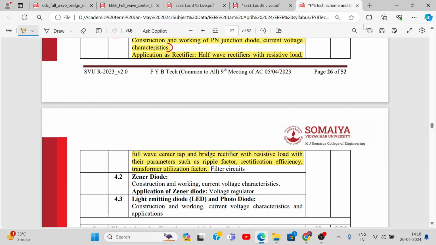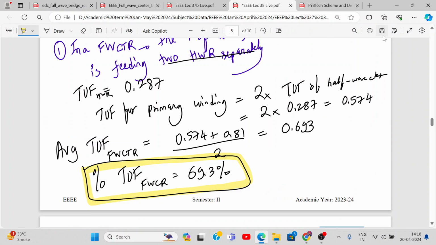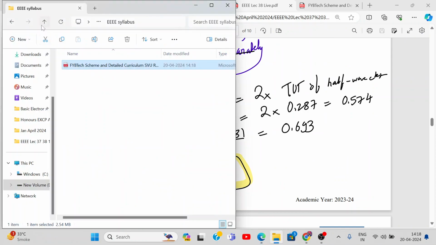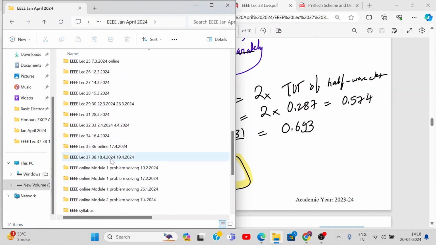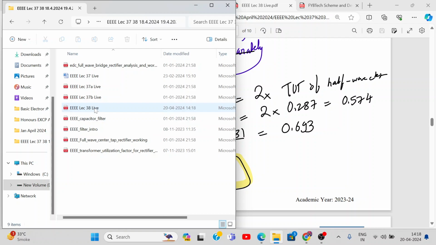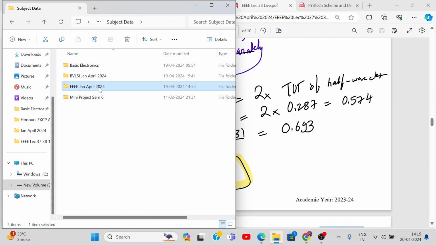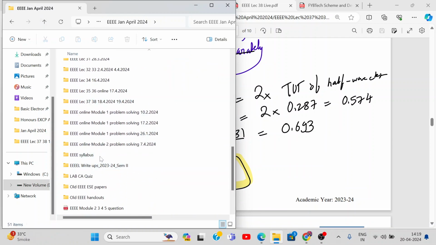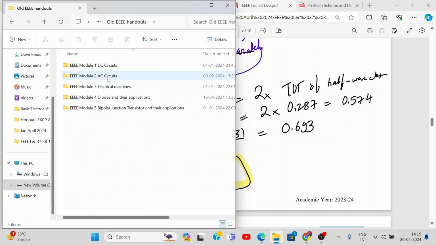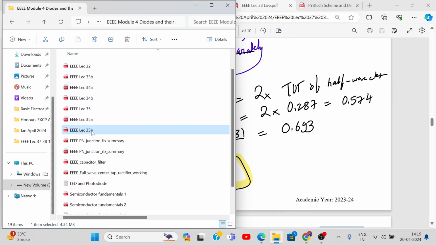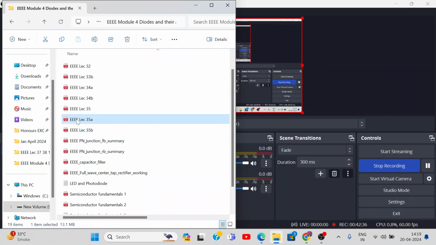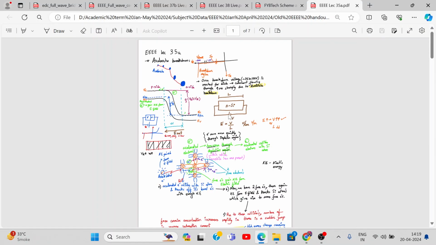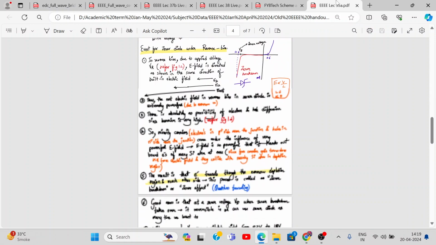Now filter circuits. I guess I'll explain it with the help of my old PDF, because that will take some time. Let me just go through the PDF and see if you can understand it. Filter circuit. Let me check if I have my old PDFs. It should be there, not a problem. Not this one. Not these either.